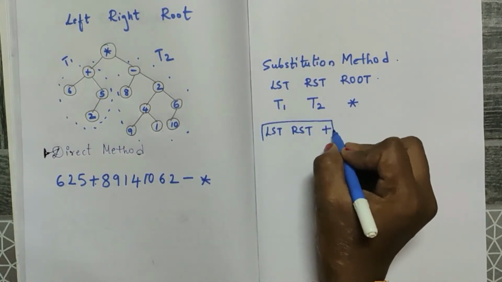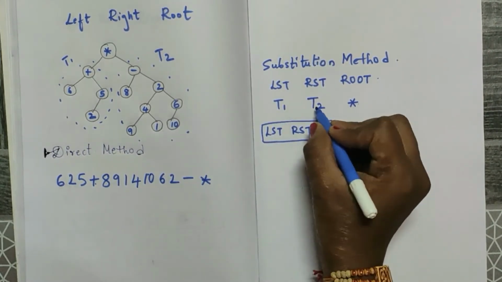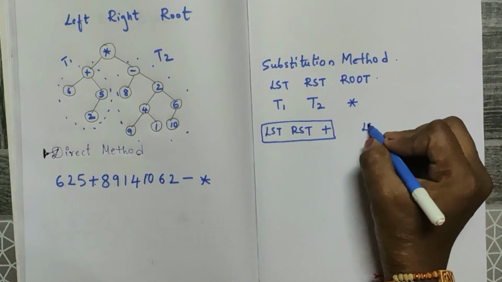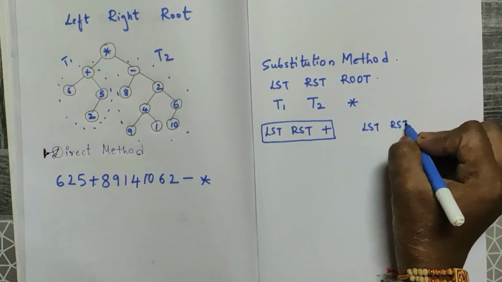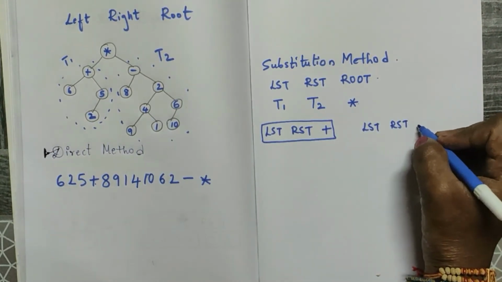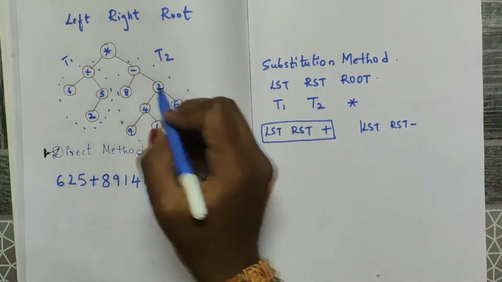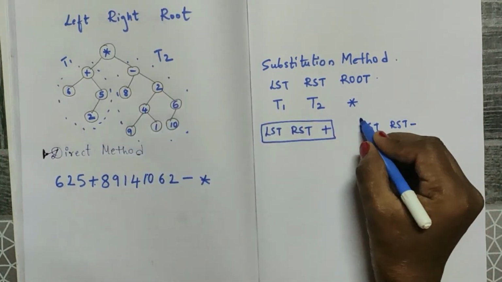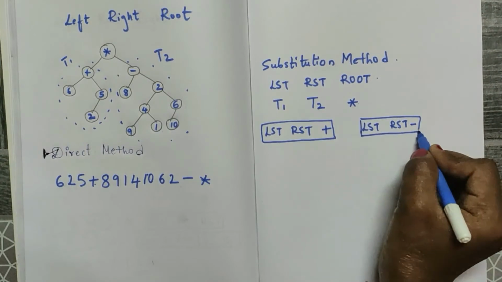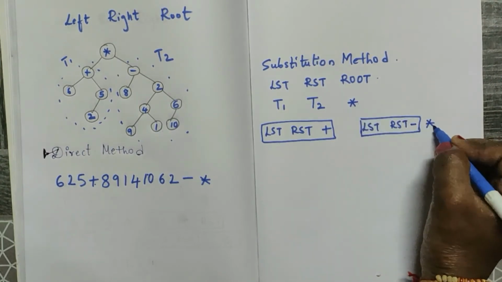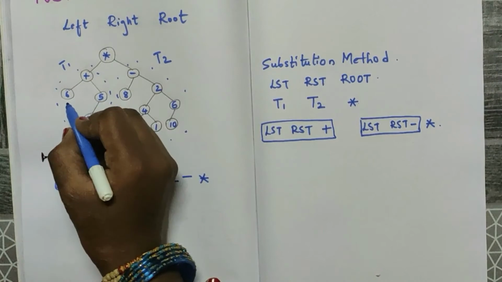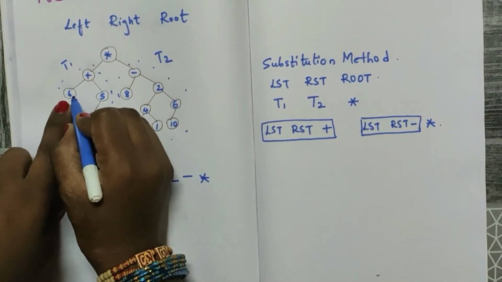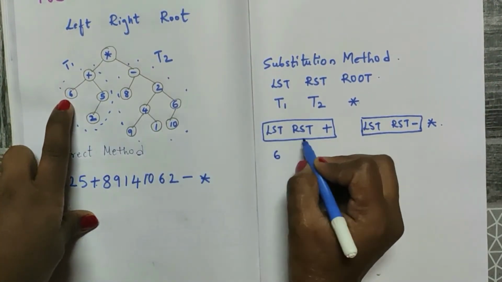So let me put this in a box. And if I look into T2, it also has left, right and the root, that is minus root, this root, left side, right side and the root, and this root as it is. Now LST. LST is 6 over here, so I'll be writing 6.